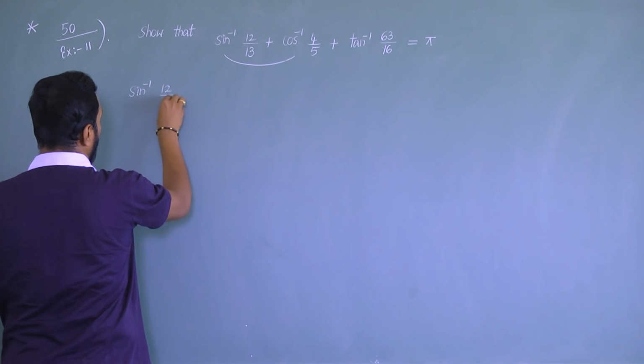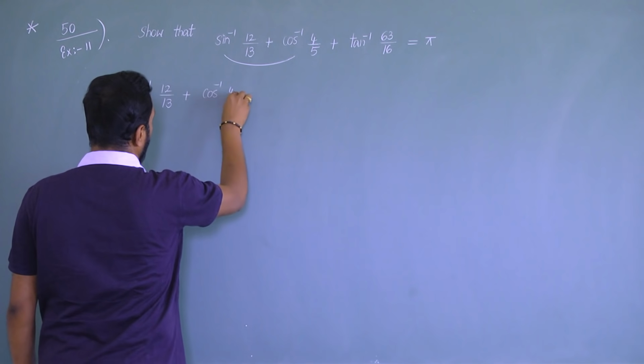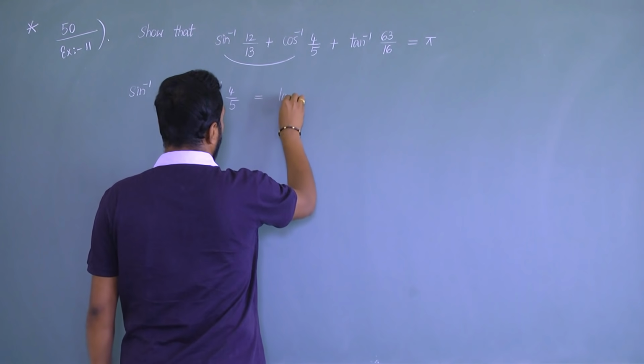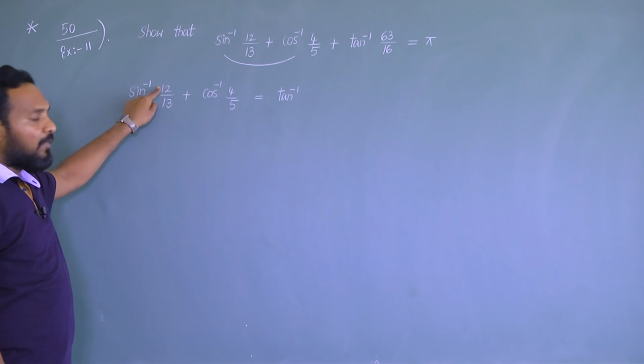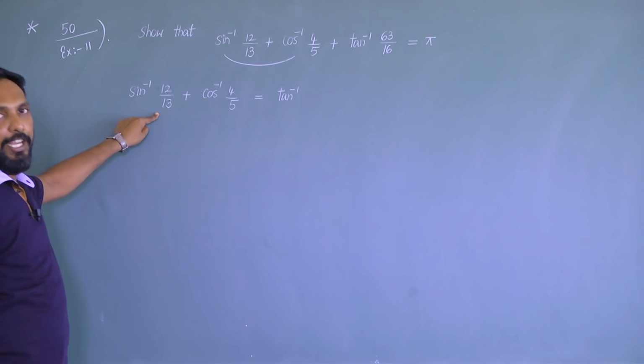sin inverse 12 by 13 plus cos inverse 4 by 5 equals tan inverse, opposite side 12, hypotenuse 13, adjacent side becomes 5.